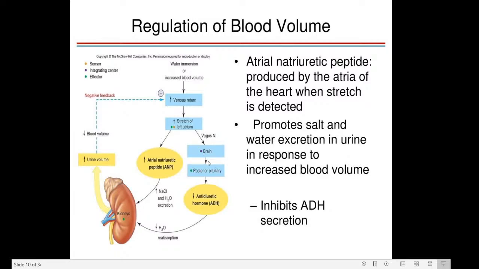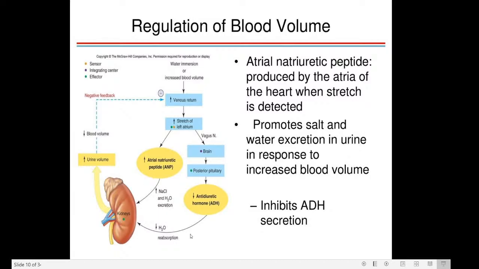Then the brain passes it to the posterior pituitary, which produces antidiuretic hormone. That hormone helps the kidney function, causing reabsorption of water. At the same time, the atrial natriuretic peptide causes Na+ excretion.